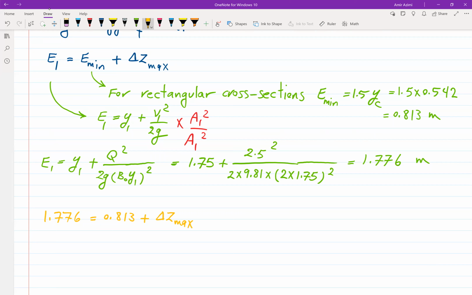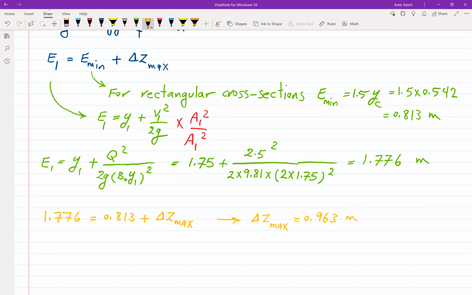And the initial budget of energy is already calculated, 1.776. And the difference is the maximum hump elevation, which we can calculate here. Delta Z max is equal to 0.963 meter.